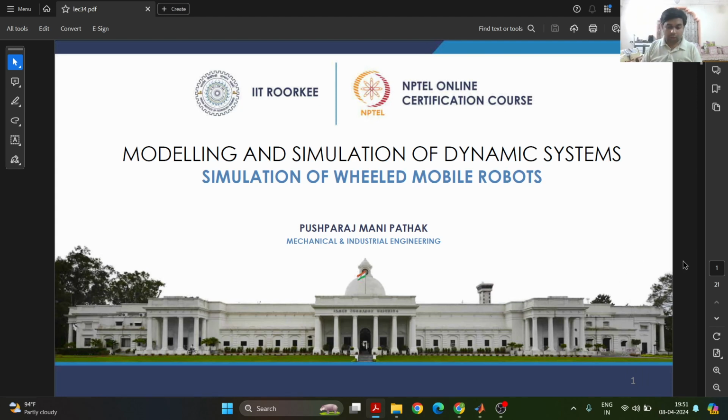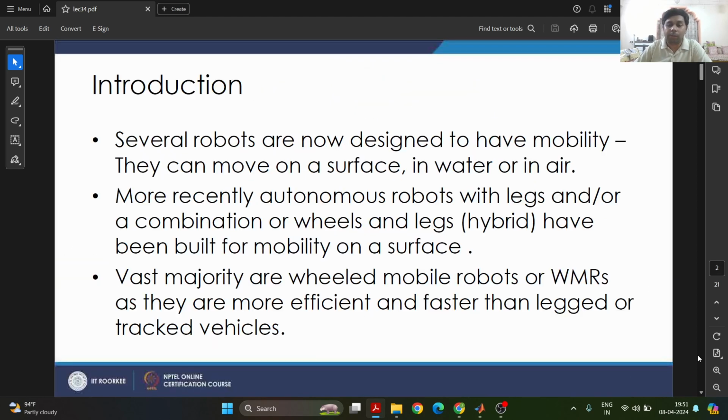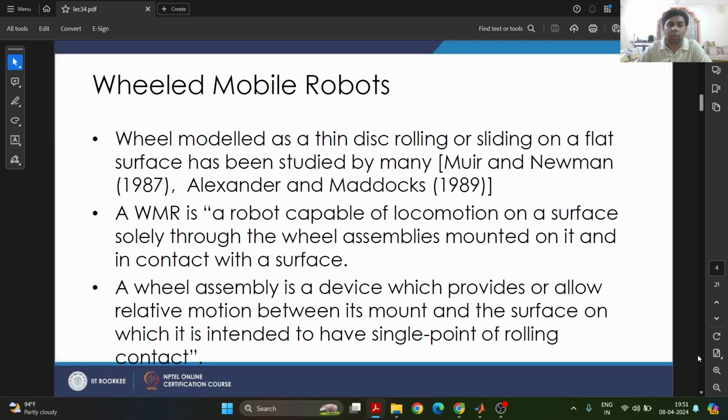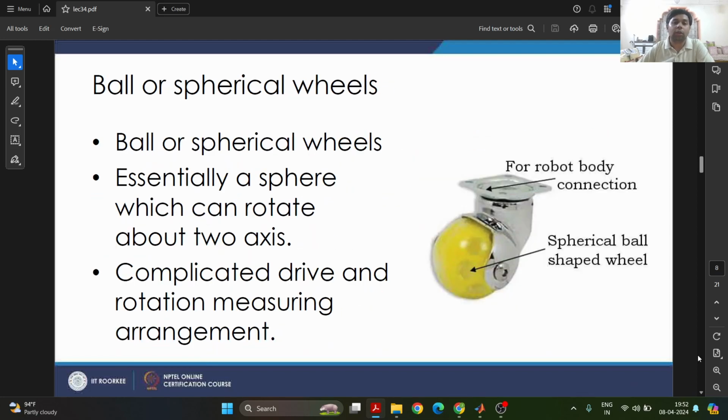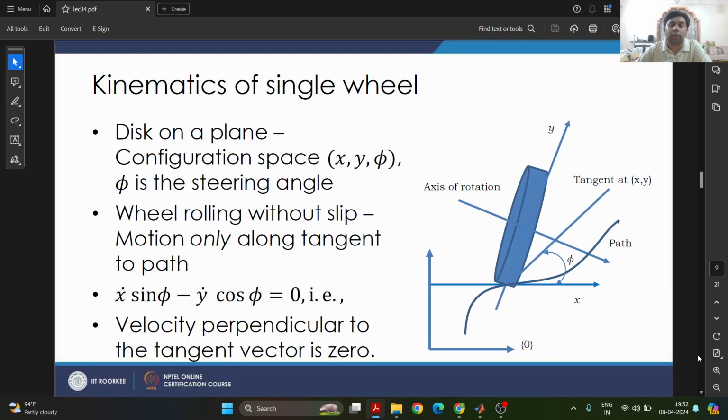So are you able to see my screen where I'm sharing the slides for the wheeled mobile robots? Yeah. Okay. Yeah, so just let me know which part you were not clear about.